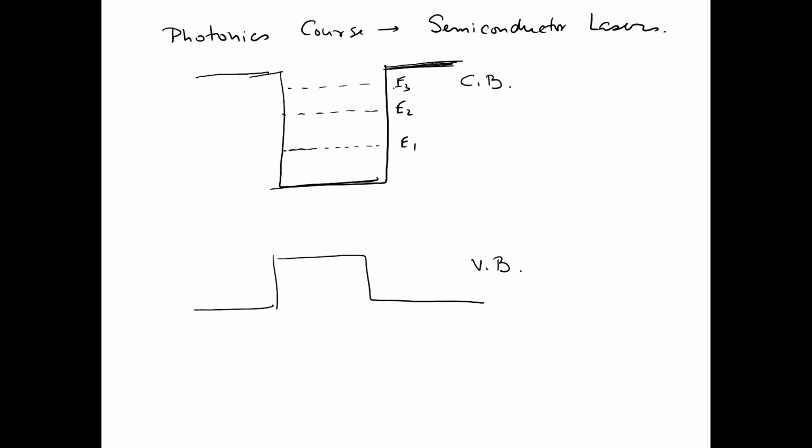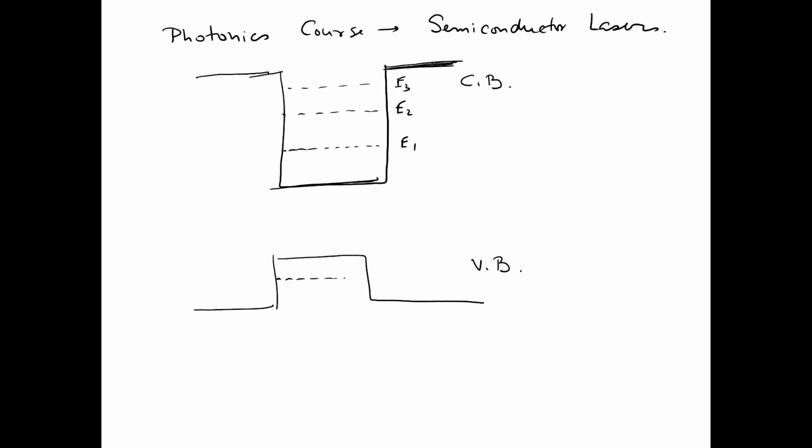And normally you design it so that only one of the discretized values is present, which basically means you want the conduction band to be single mode. Again, the conditions we derived for single mode would be applicable here.